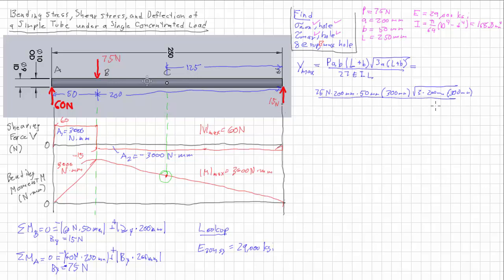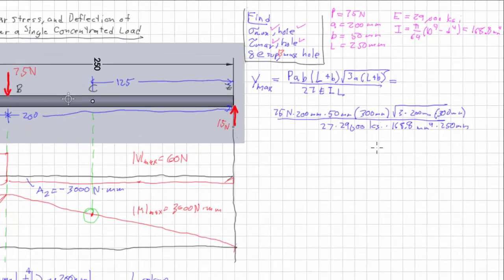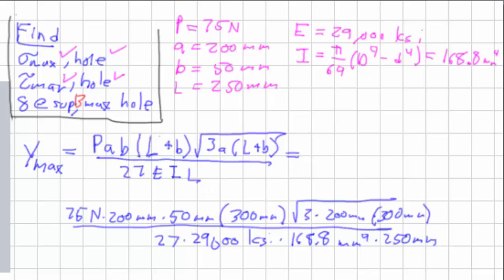Put all that over 27 times 29,000 KSI times 168.8 millimeters to the fourth times 250 millimeters. I don't know if you noticed the big problem that we ran into here, but here it is.